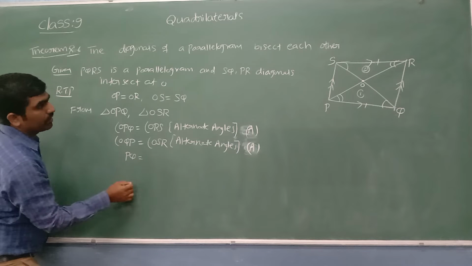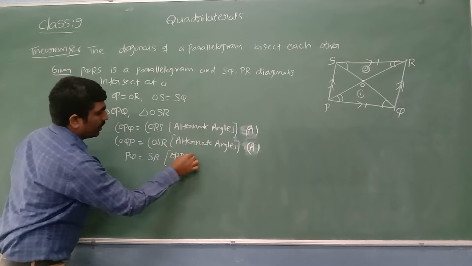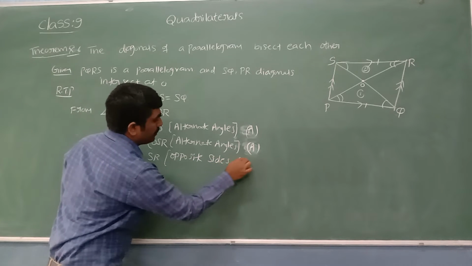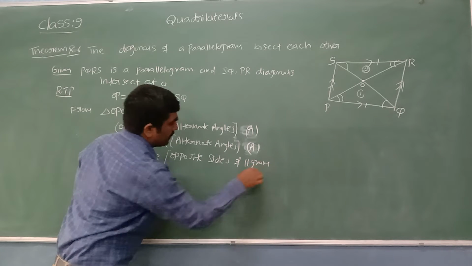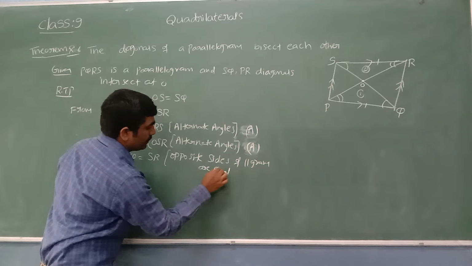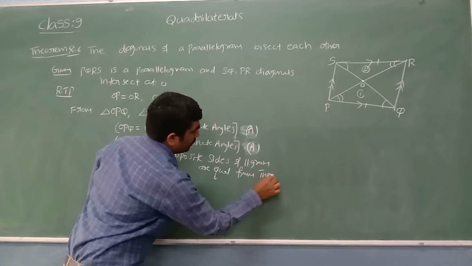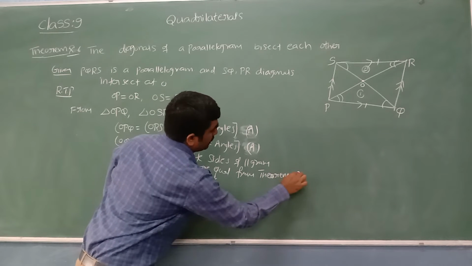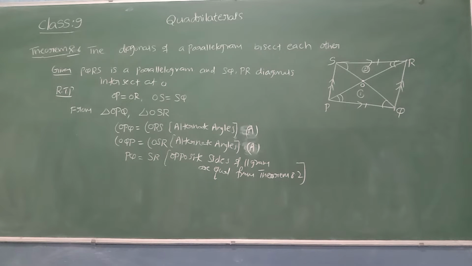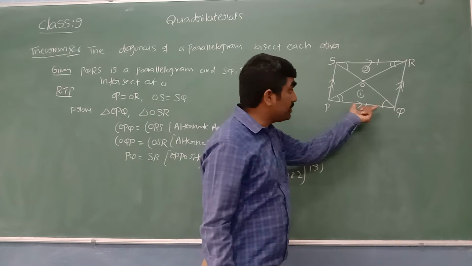The reason is that in a parallelogram opposite sides are equal, from theorem 8.2. We got one side equal, and that side is included between the angles.